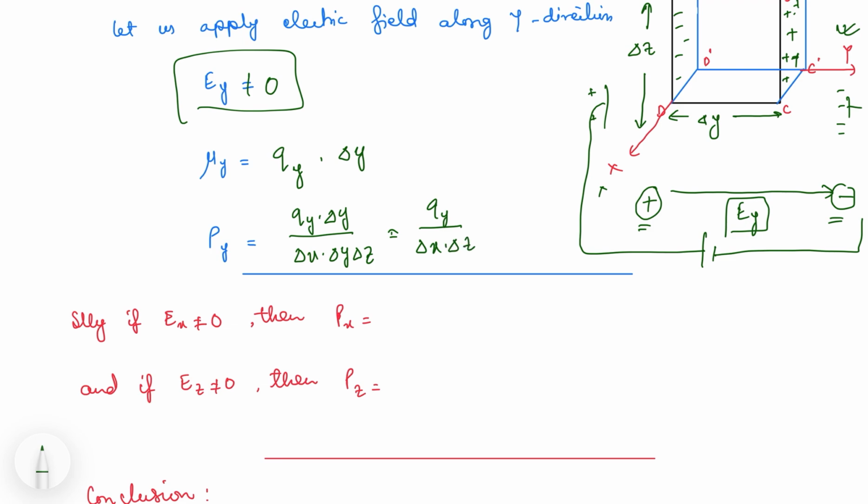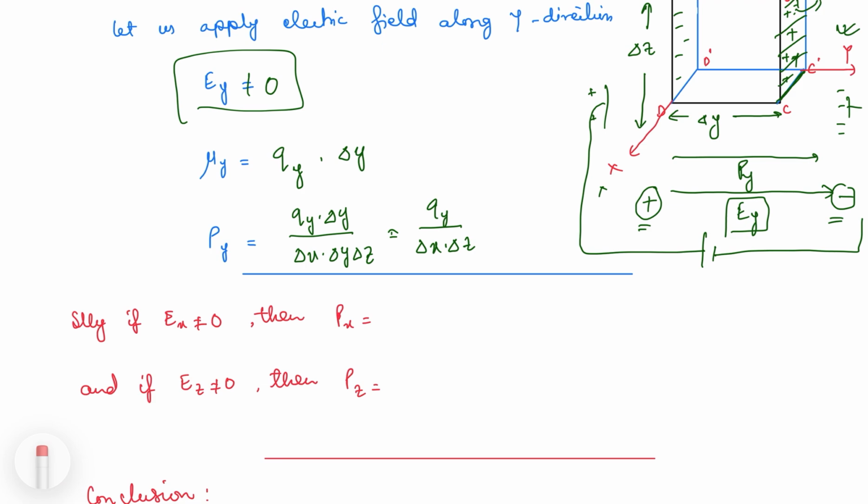So you can see that Py is in which direction? Along the same direction as Ey. Py is perpendicular to whom? Perpendicular to the right side face as well as the left side face. What is the area of this right side face? You see it has height and it has length along the x direction. So this area must be delta y into, no, sorry, delta x into delta z.